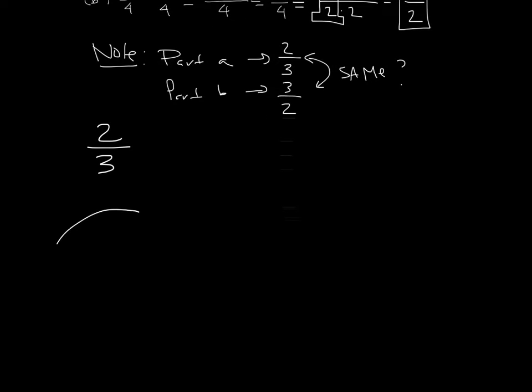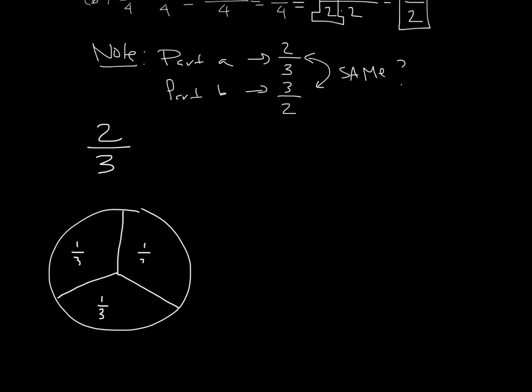Okay, 2/3 means, well, let's try it below it. It means out of, I don't know, 3 equal slices of pizza, let's say, these are exactly equivalent. It doesn't look like it in the picture. This is 1/3, that's another 1/3, that's another 1/3.